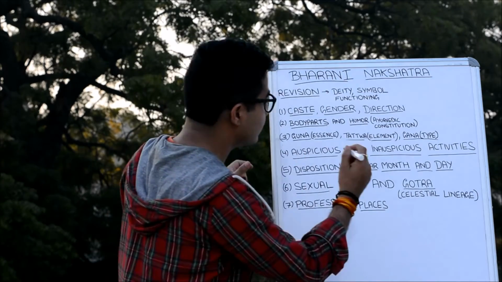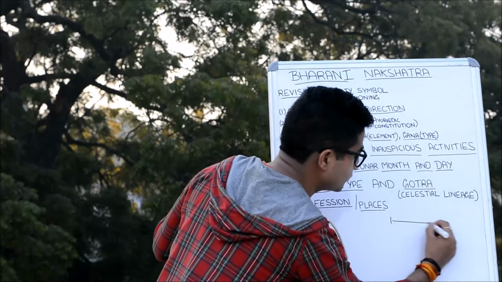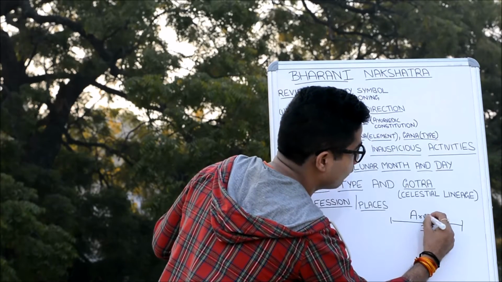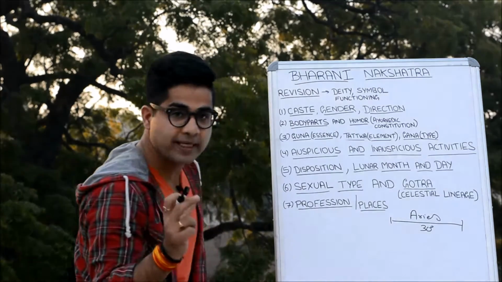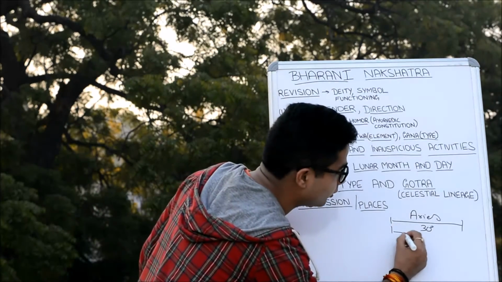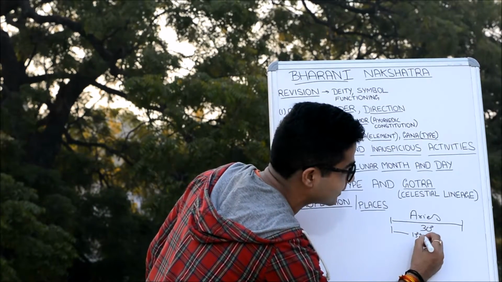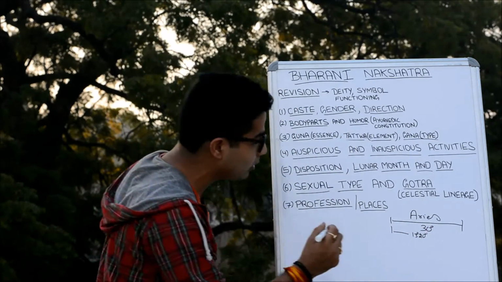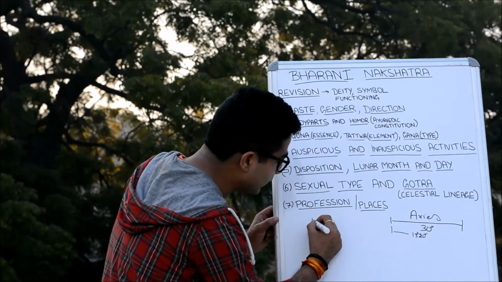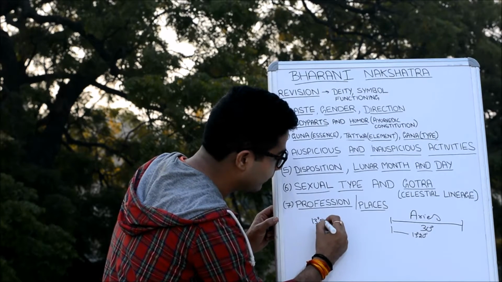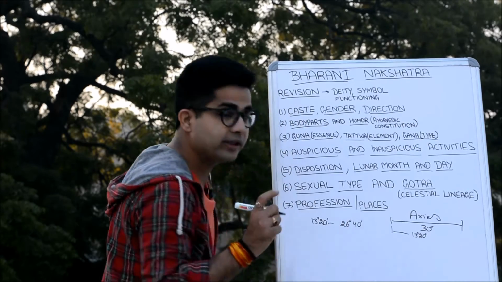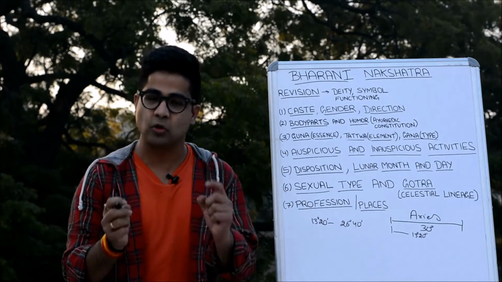If the Aries zodiac sign is of 30 degrees of space, we have already discussed the space from 0 degrees to 13 degrees 20 minutes, which was allotted to the Ashwini Nakshatra. Now we are discussing the space from 13 degrees 20 minutes to 26 degrees 40 minutes within the Aries zodiac sign. So it's very simple.